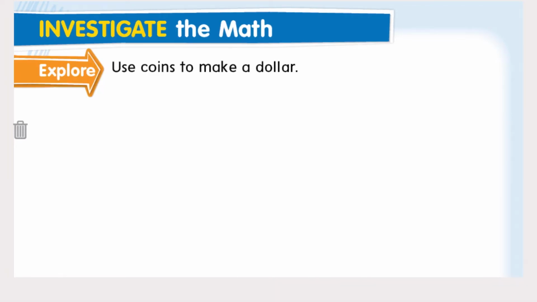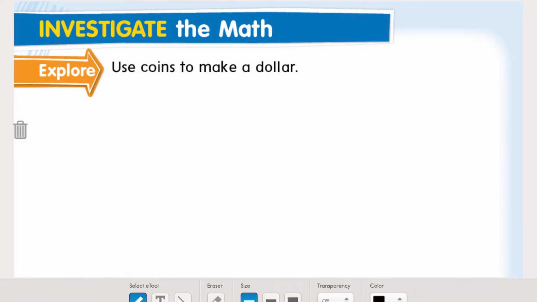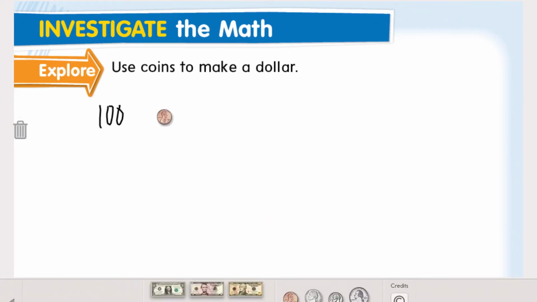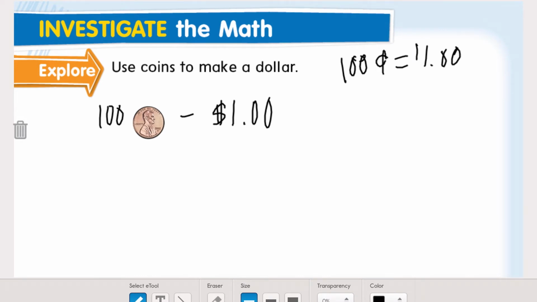We're going to use coins to make a dollar. So when we first started this lesson, I asked you if you'd rather have 100 pennies, 20 nickels, 10 dimes, or 4 quarters. Now, it was kind of a trick question because if you had 100 pennies, that would be $1. 100 cents equals $1. Okay?